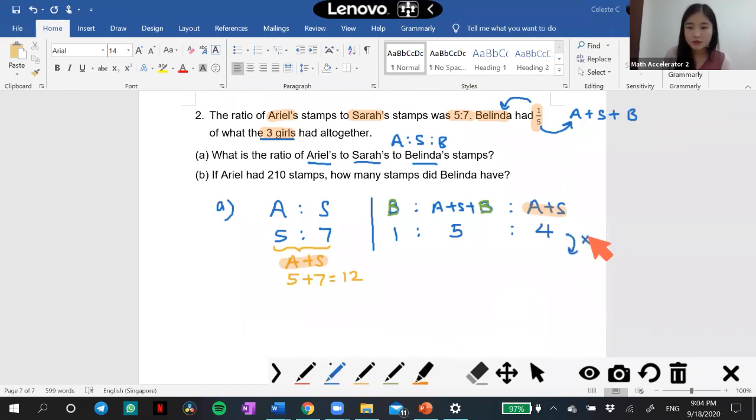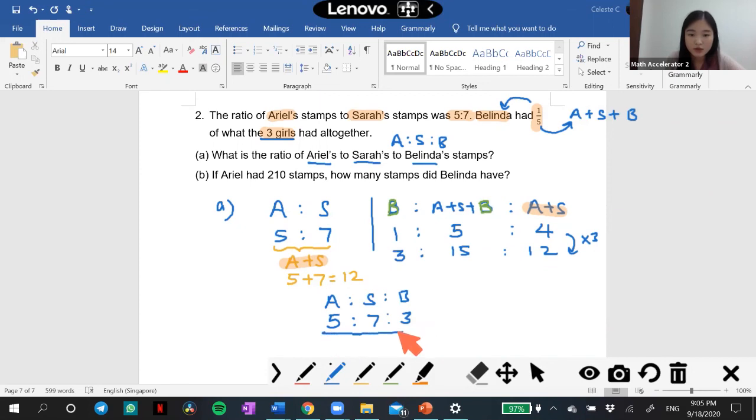So times 3. Right, so now it's equivalent. So we can now write Ariel is to Sarah is to Belinda. So Ariel is 5, Sarah is 7, and Belinda should be 3. Right, so if you wrote 1, then it's wrong already. Okay, you need to make it equivalent.